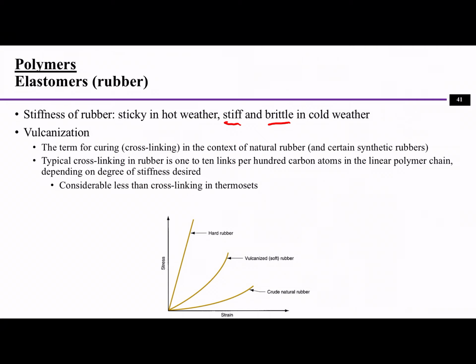So you can see the comparison between the three different rubbers. One is crude natural rubber, vulcanized rubber, and also hard rubber, right?